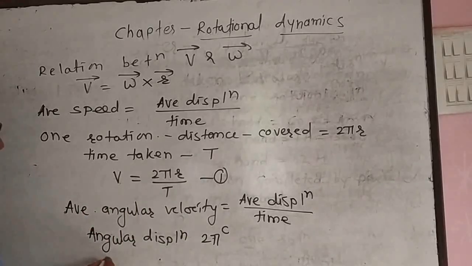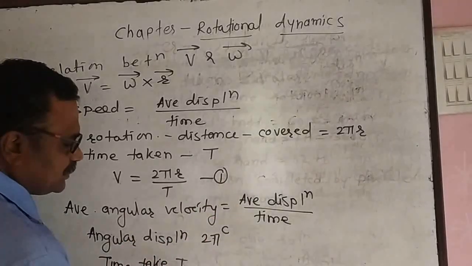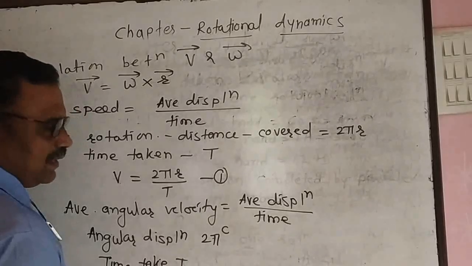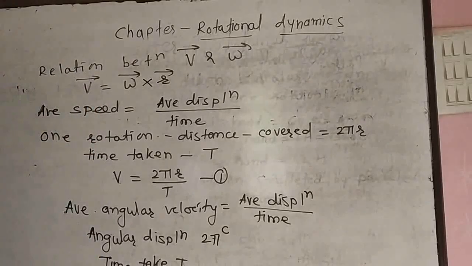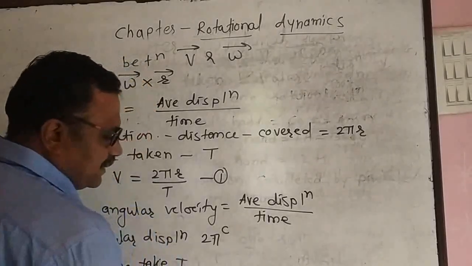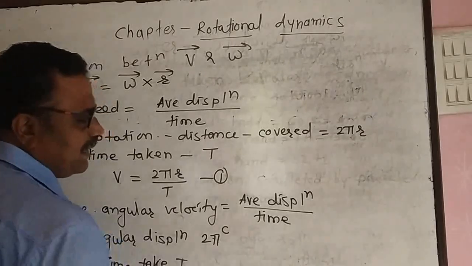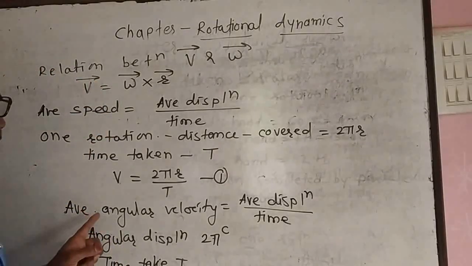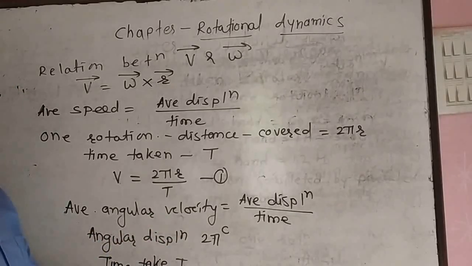And we know time taken is equal to time period, and therefore substituting the value in the above equation, we get angular speed omega is equal to twice pi upon T. The same equation in another way can be written as: reciprocal of time period is equal to frequency, therefore omega is equal to twice pi N. In this way, the relation between angular velocity and frequency as well as time period.